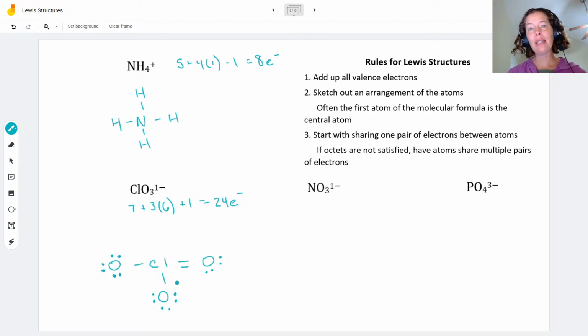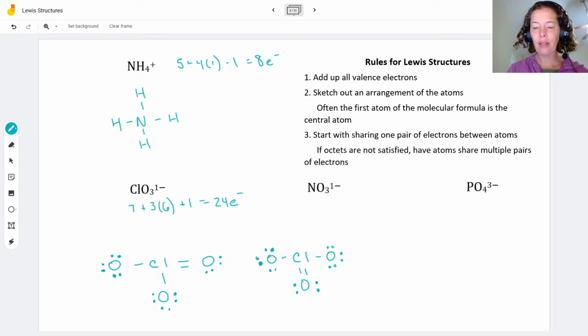The thing that I want to point out about this, because I know I'm running out of time, is let's say you're working in a group and you turn to your neighbor and you can see that they have drawn this Lewis structure. It still has 24 electrons, but you've got the double bond in a different place. Is that okay? Yes, that's perfectly okay.